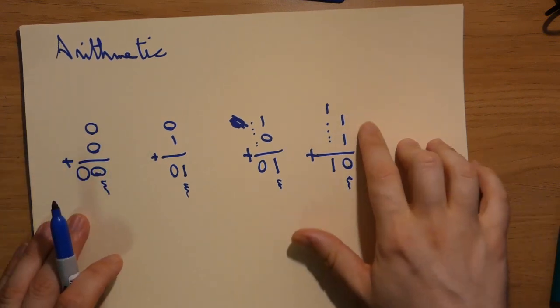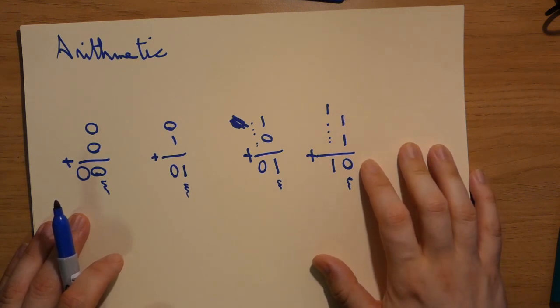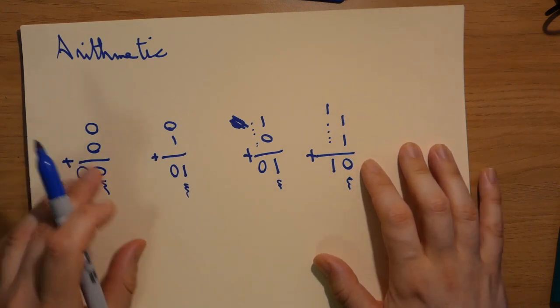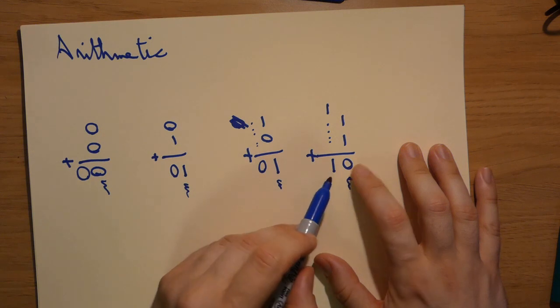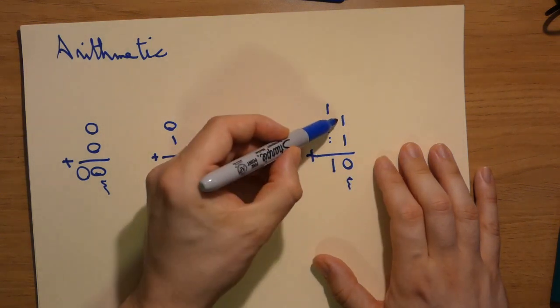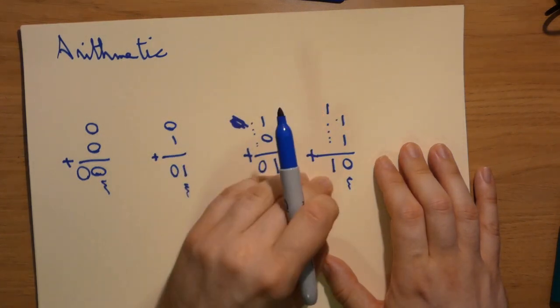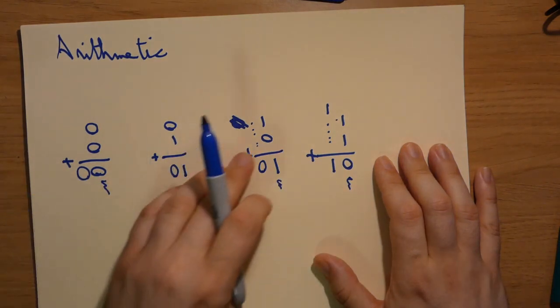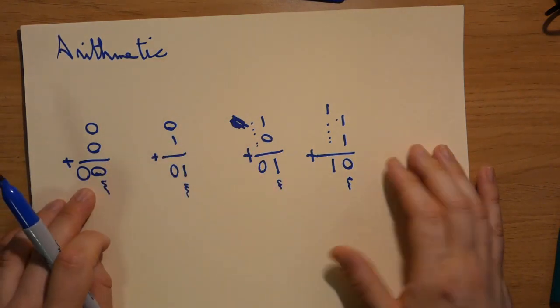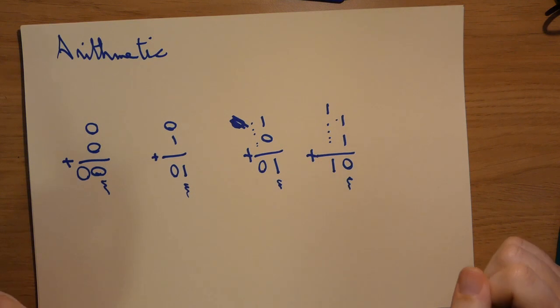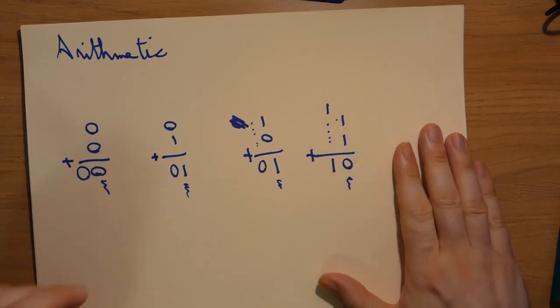Well, that's basically how the exclusive OR works. And then when both those are 1, then the carry is 1. Otherwise, the carry is 0. Well, this is basically how the AND works.